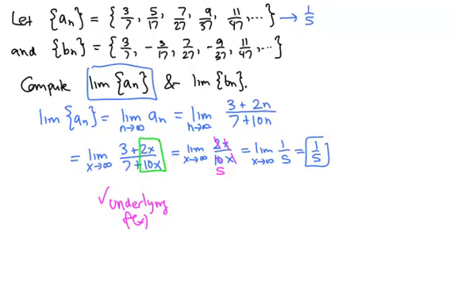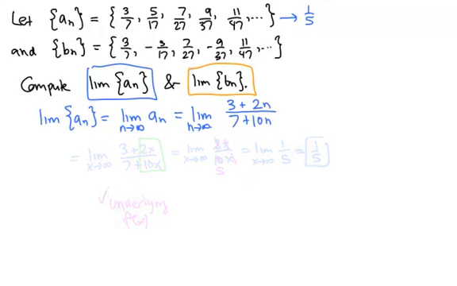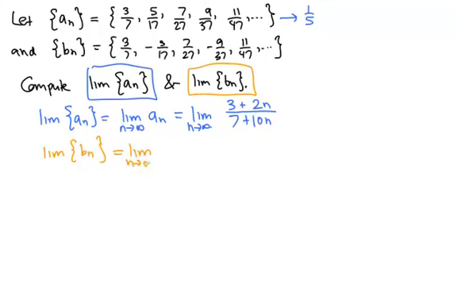How about the sequence bn? Well, let's see if we can find a formula for the sequence bn. If we try the same trick that we had last time to work out the limit of a sequence, we want to come up with a formula for each one of those individual terms. So this is going to be the limit as n goes to infinity.